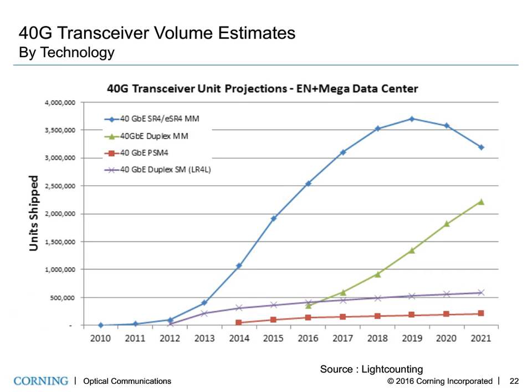I think this one's pretty interesting because you go back through 2010, this is light counting data, through 2015, so it's actual data, and you really see, one, that the economics still hold. If you can deploy multimode based on your distances, for most people, that's still the most economical way. So you're going to see multimode dominate the volume.